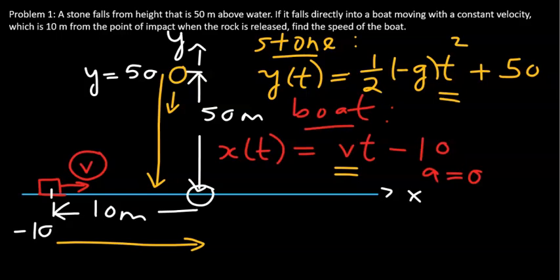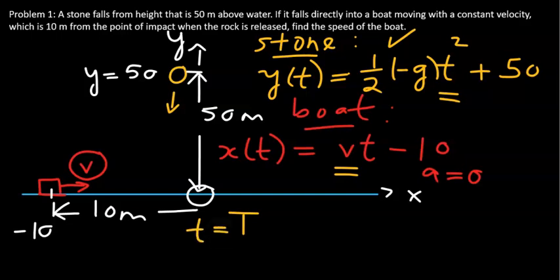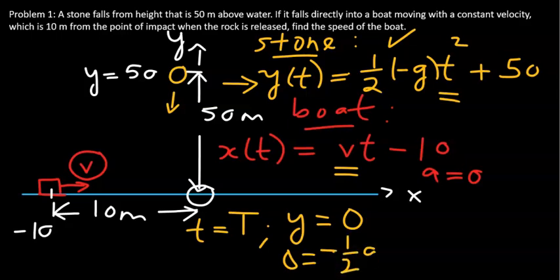Let's call that common time capital T. We can use the stone data to get that. At t equals capital T, the y-coordinate of that stone is 0 because it will drop at the origin. So setting y equals 0 in this equation, we get 0 equals minus half g T squared plus 50.